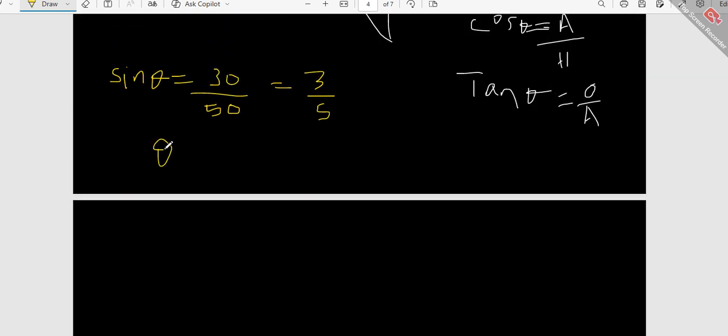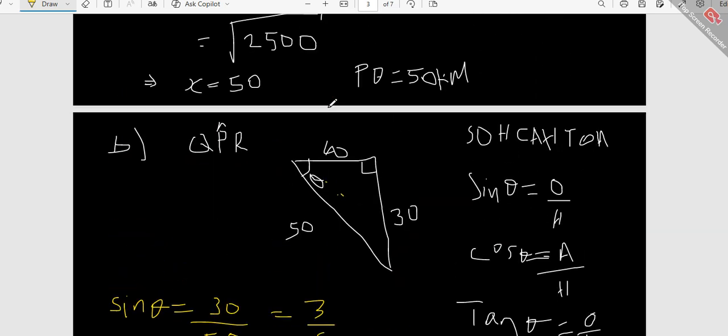In order to look for theta, our theta will be equal to the sine inverse of 3 on 5. If you take your calculator and punch the sine inverse of 3 on 5, you will have 36.87 degrees. So that's the value for theta.